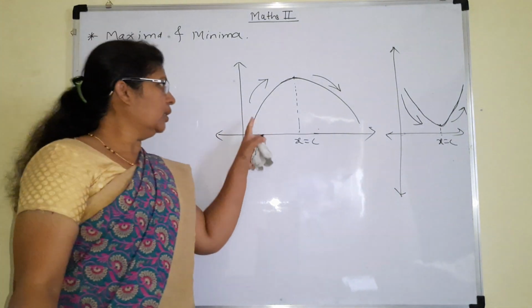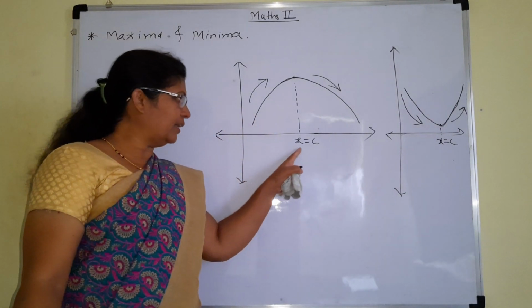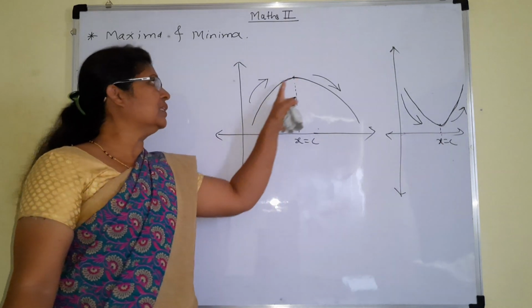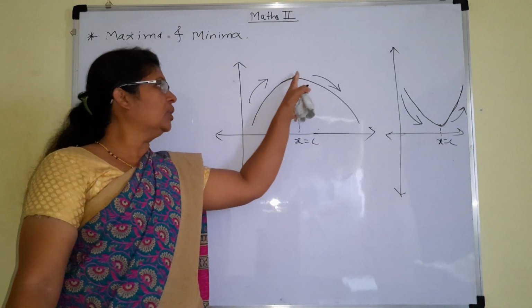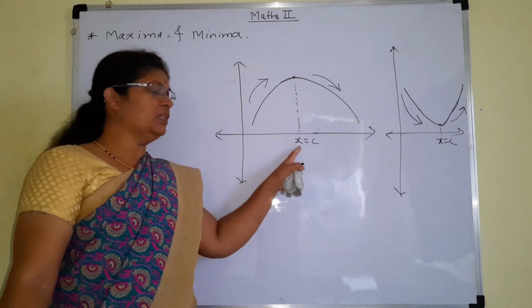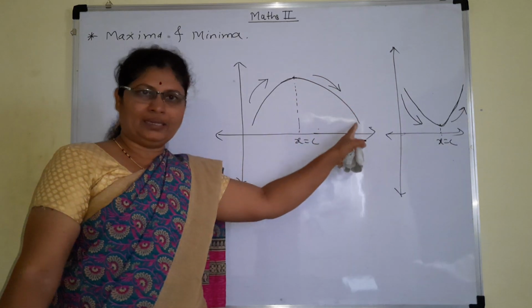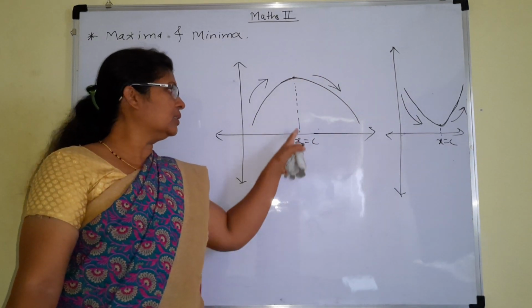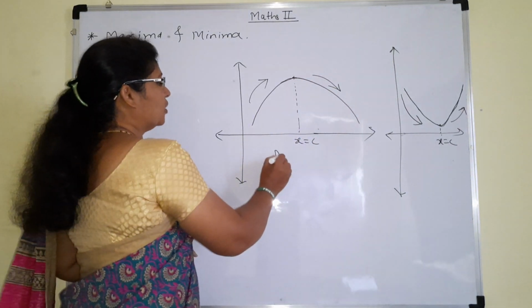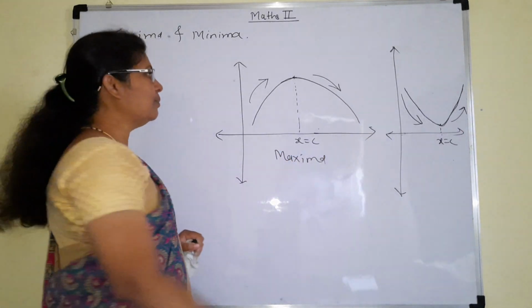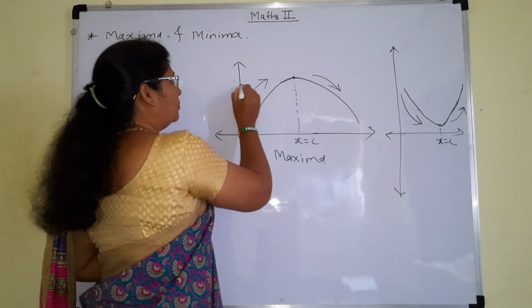So if to the left hand side of the point x equal to c the function is increasing, and to the right hand side of x equal to c the value of the function is decreasing, then this point x equal to c is called maxima.